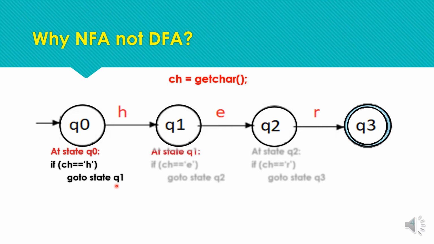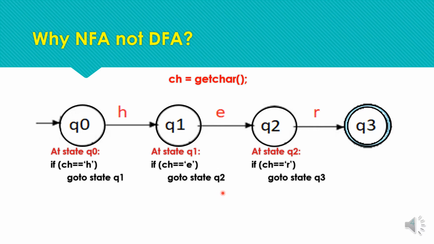Same way at Q1 we have programming like, if the next received character is E, only then move to state Q2. Same way at the state Q2 we have a check that the received input must be R.